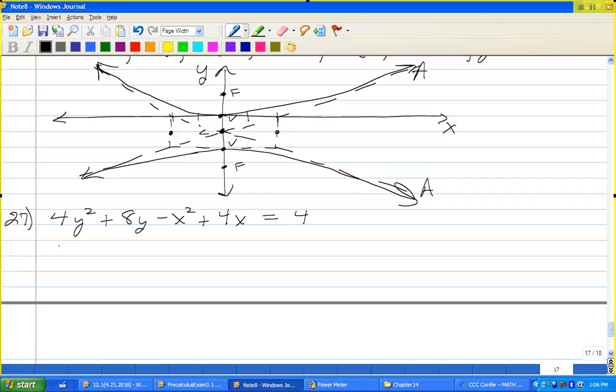Group the x's together. So I have a negative x squared minus 4x. Group the y's together. I have 4y squared plus 8y equals 4. Complete the square.